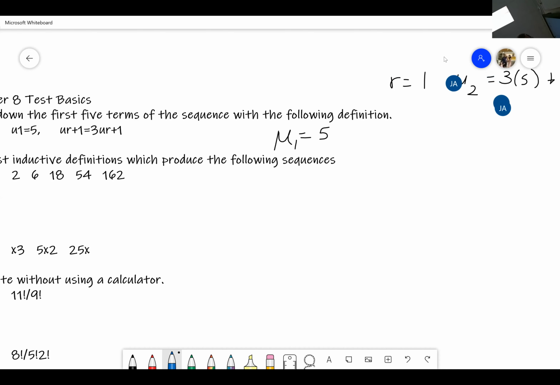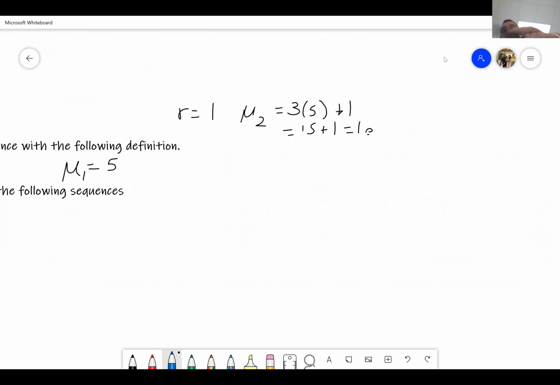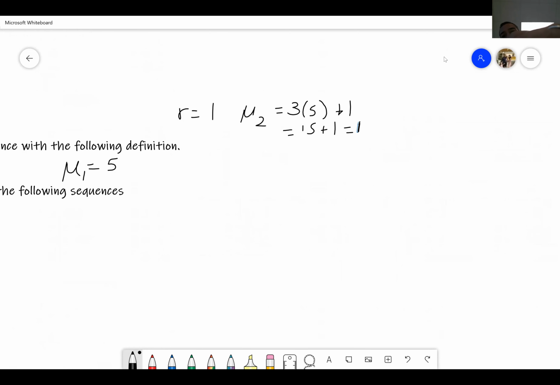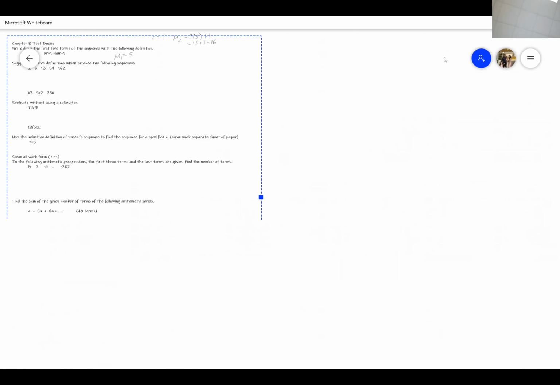And that's going to be 15 plus 1, which is 16. Since r is 1, it's just plug it in.